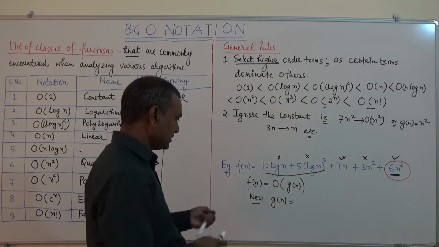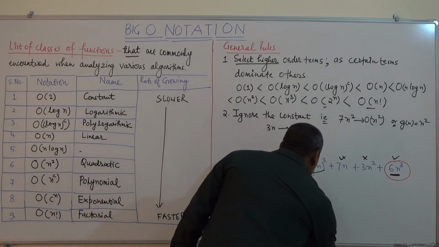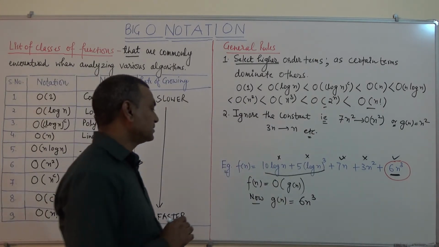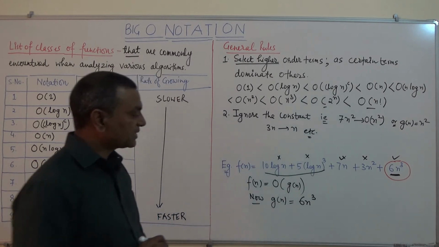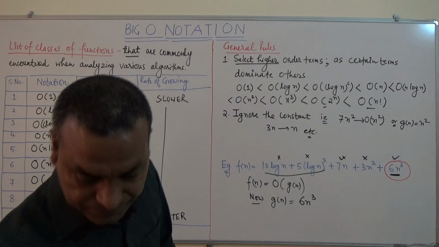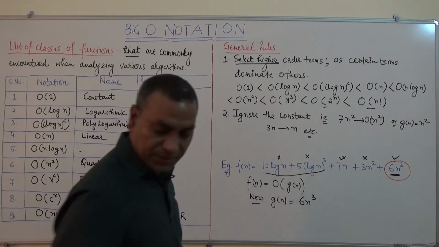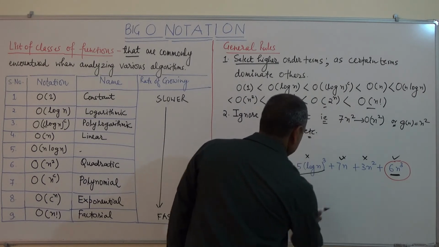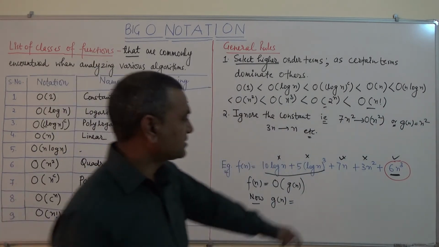So we can say the Gn is 6n cube. Now this is rule 1. So this is the higher order term 6n cube.